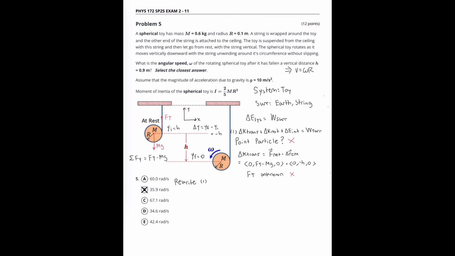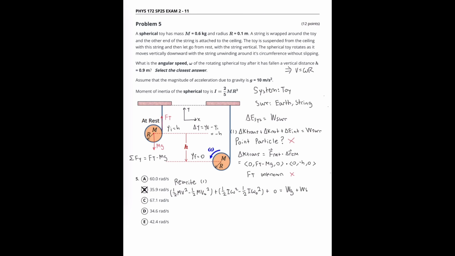We have 1/2 m v final squared minus 1/2 m v initial squared for our delta K trans, plus 1/2 I omega squared minus 1/2 I initial angular speed squared, plus our change of internal energy, which ends up being 0 in this case, is equal to our work done by gravity plus our work done by string.